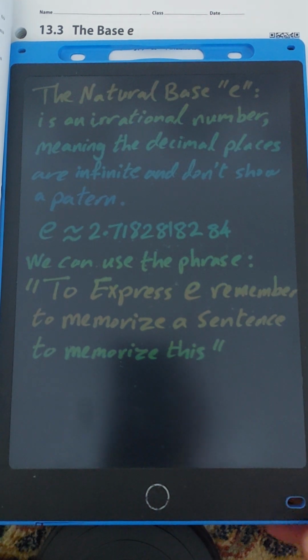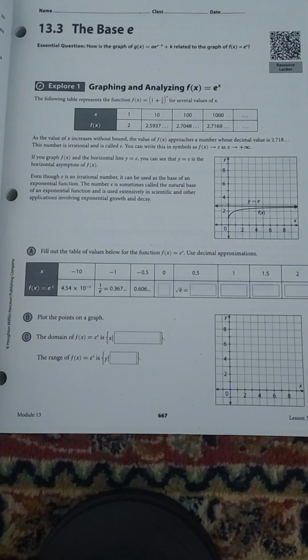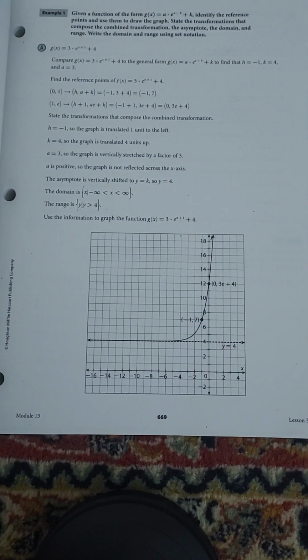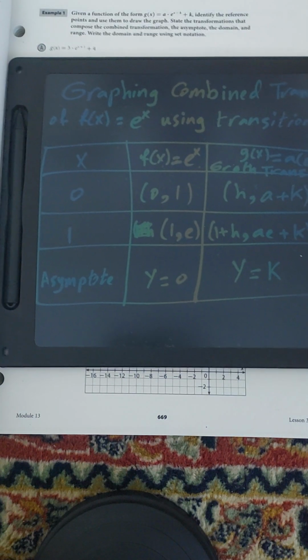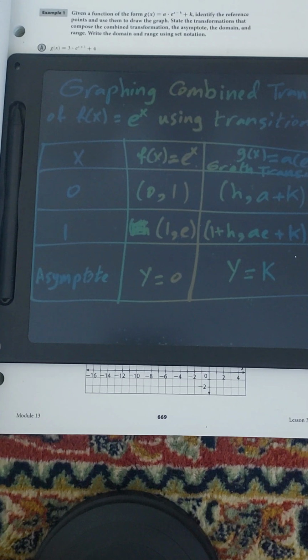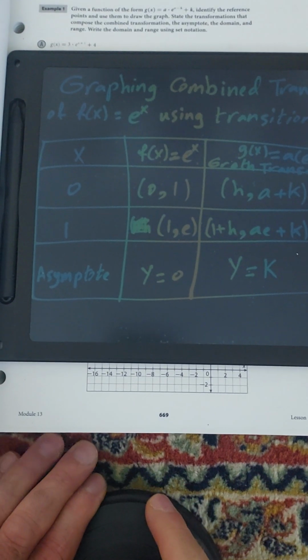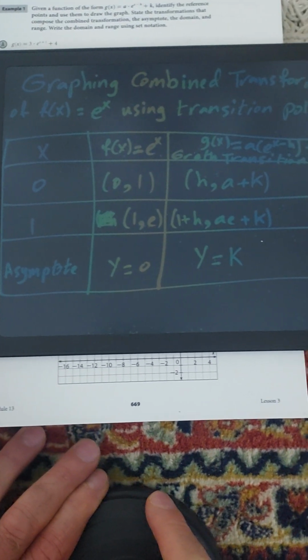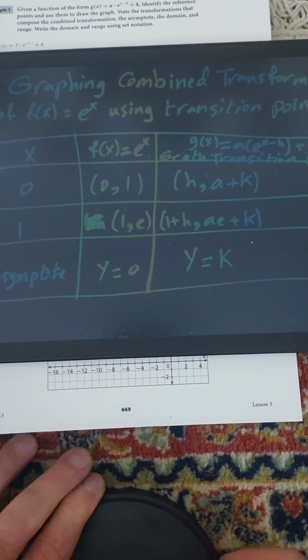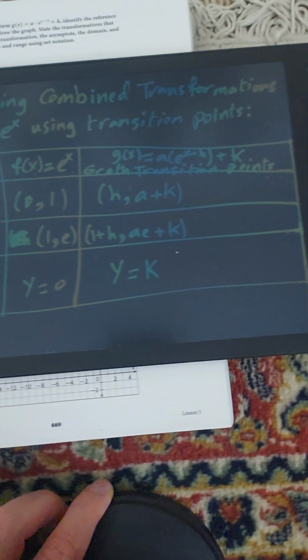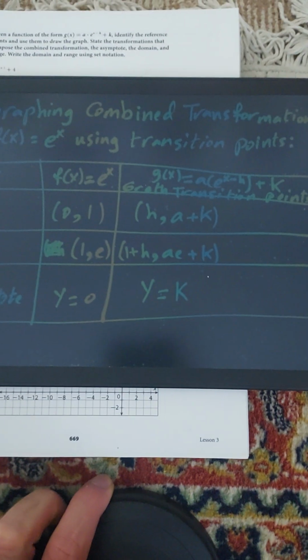So we're going to touch on graphing, and take an example on the graphing part. For the graphing part, we're going to use reference points. We will be graphing the combined transformation from the parent function.